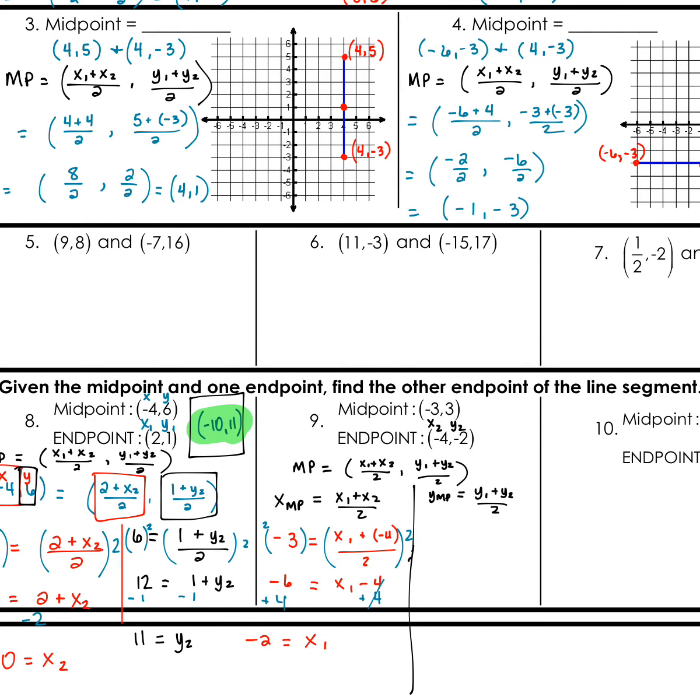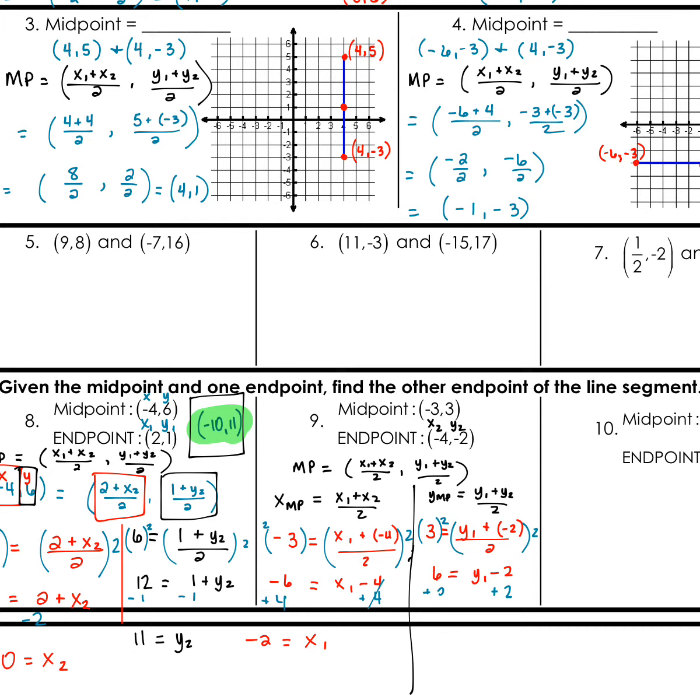And now we're going to find our y. So the y value was +3 equals y1 plus -2. Multiply both sides by 2. So 6 equals y1 minus 2.